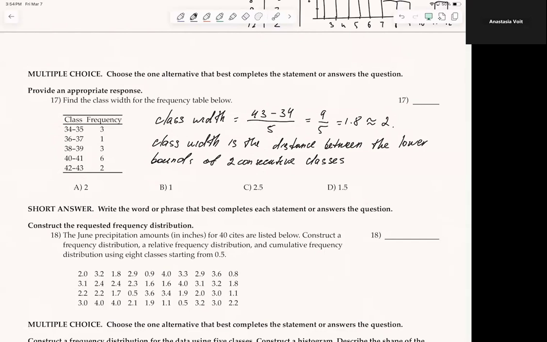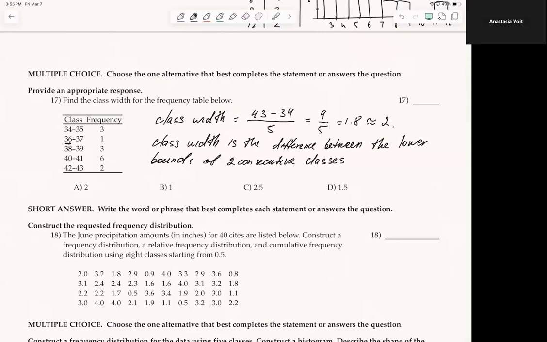So what you can do in this case, you just find the difference between the lower limits or lower bounds of two classes.